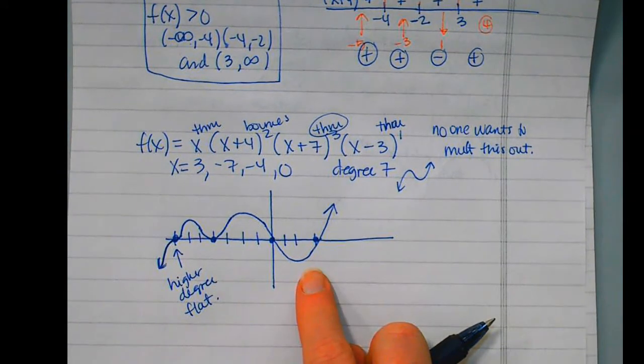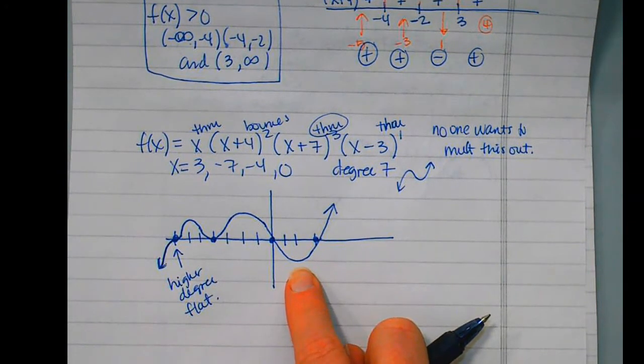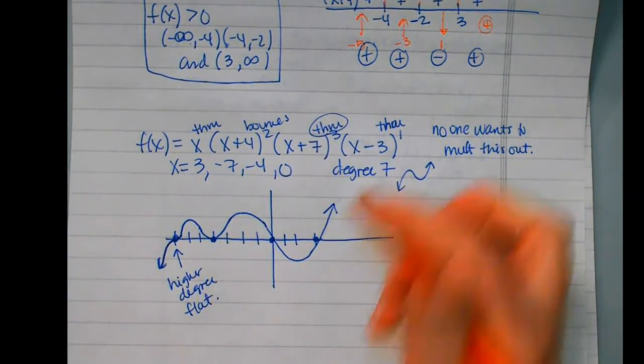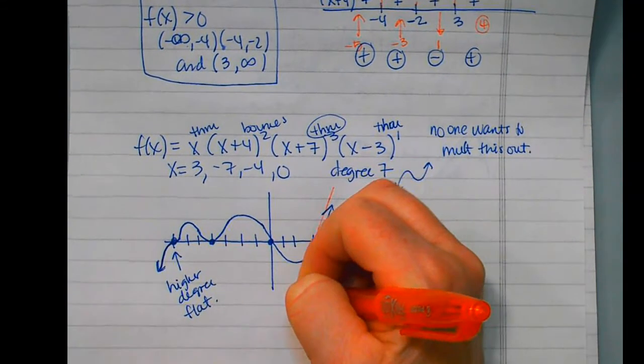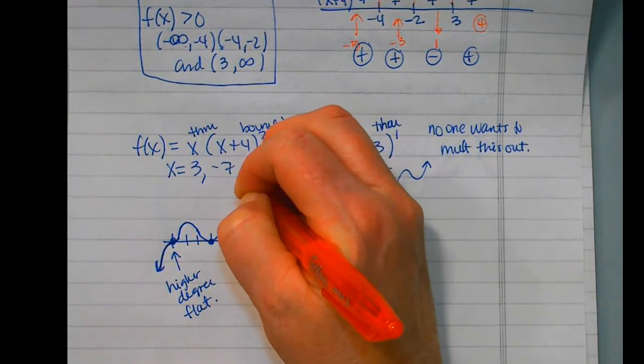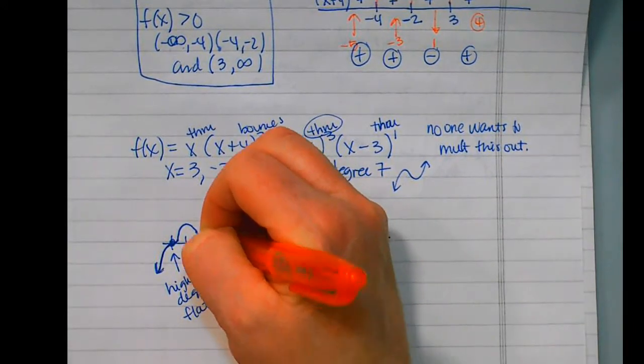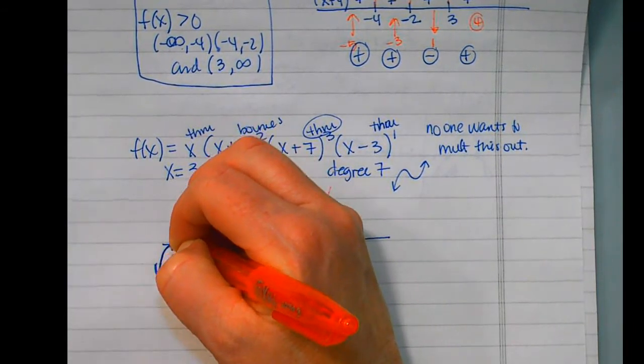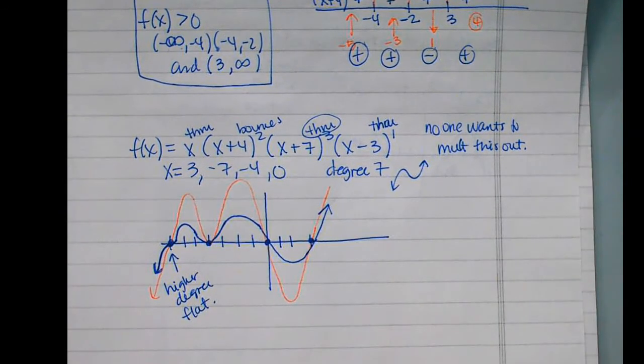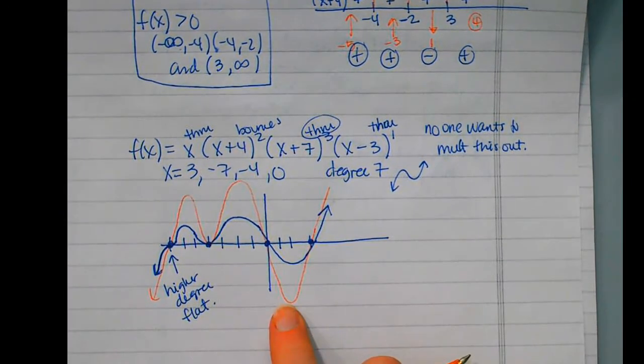So did your graph look something like this? Your part down here may have come down lower. You may have done this. You may have gone higher. You still had to bounce here. You may have come higher and you probably went a little bit straighter. That's still fine, okay? We're not really talking about how high or low these go.